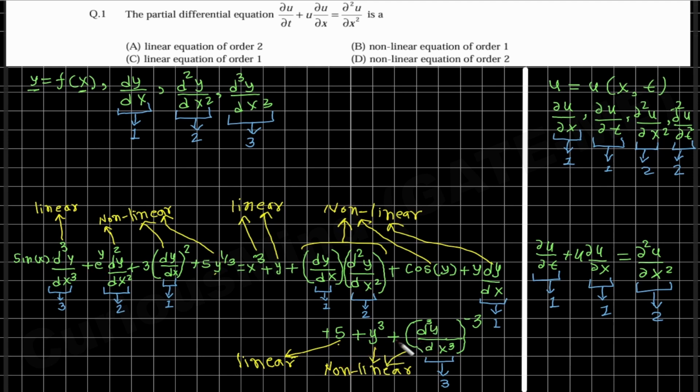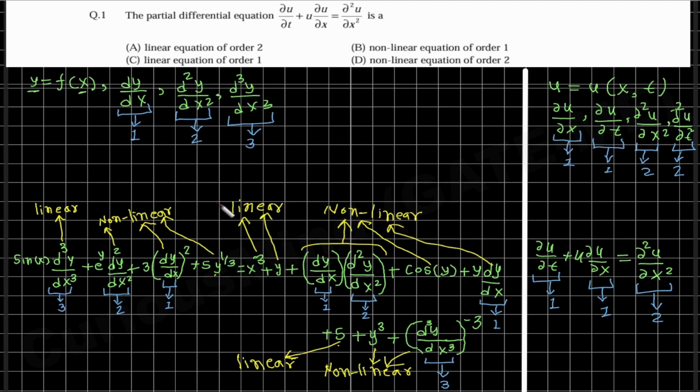But we do not need to check all the terms. If only one term makes the whole differential equation non-linear, then the whole differential equation automatically becomes the non-linear differential equation. So this is a non-linear differential equation with order 3.